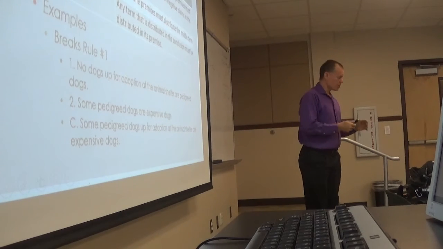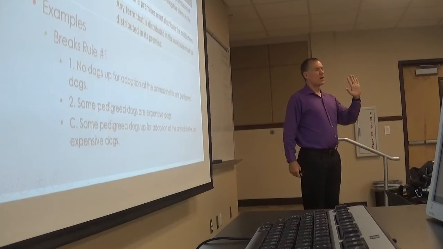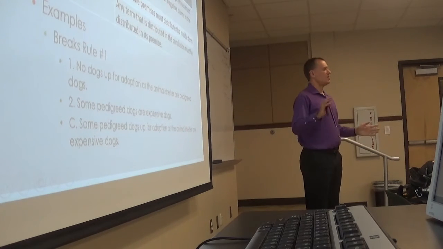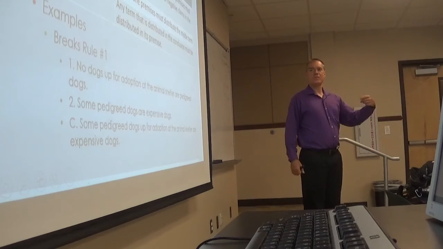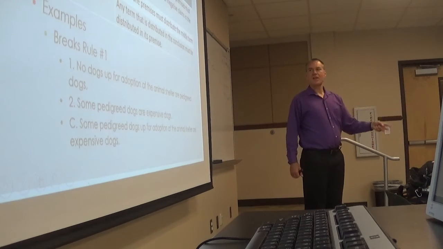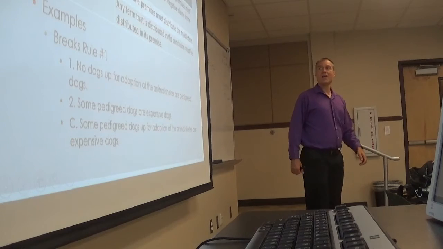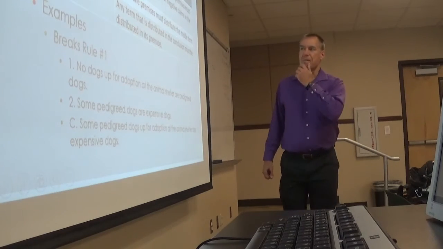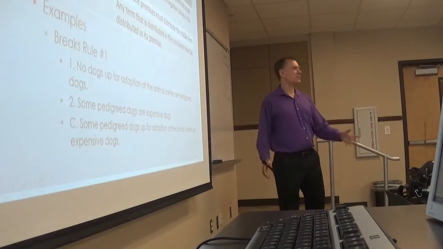Now, since there's only one conclusion, that means that if you've got a negative premise and a non-negative conclusion, it's got to be invalid. If you have 2 negative premises, it's got to be invalid. If you have 2 negative premises and a negative conclusion, it's invalid. 2 negative premises, positive conclusion, it's invalid. If you have a positive conclusion and a negative premise, invalid.